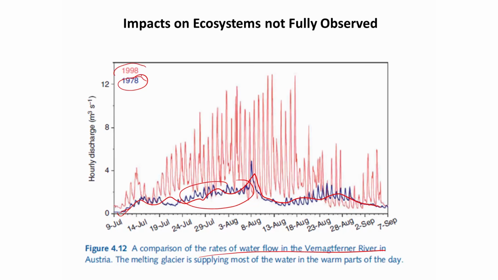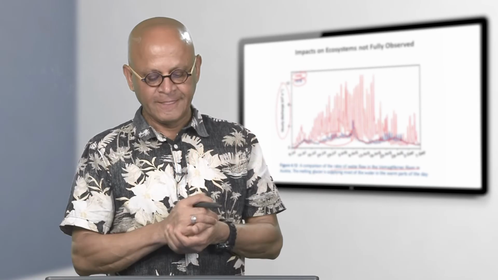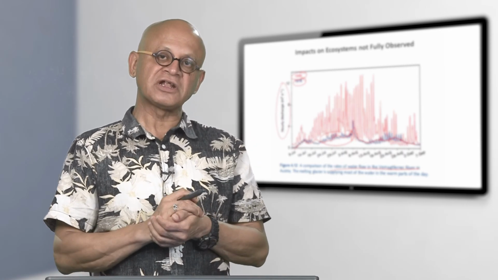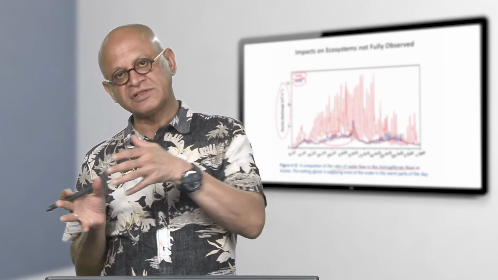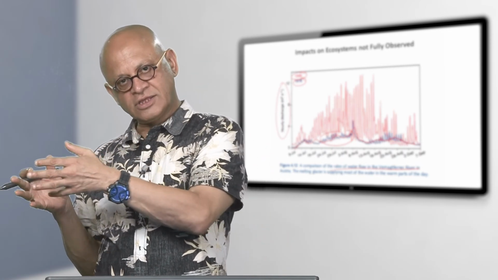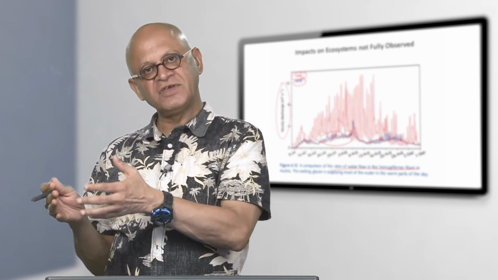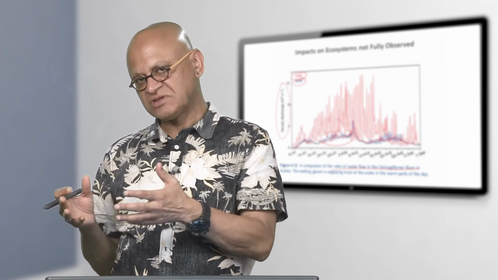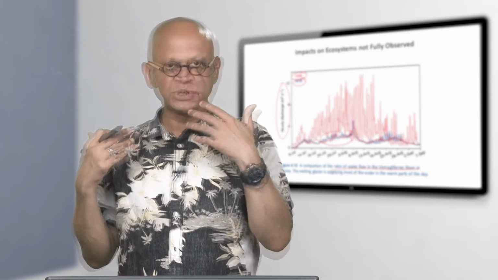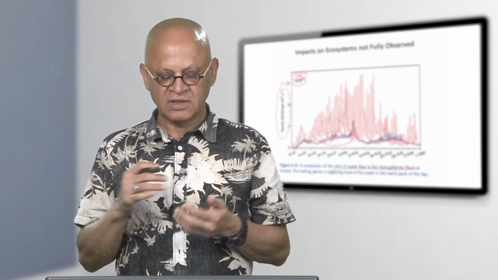But you can see that with global warming in 1998 we have massive changes. Hourly discharge rates have jumped up by several times because of this rapid freezing and melting cycles. This has some subtle effects because where the river runs into the lake or the ocean, there are many living creatures like crabs, oysters, clams, fish, shrimp, groundfish, whatever.